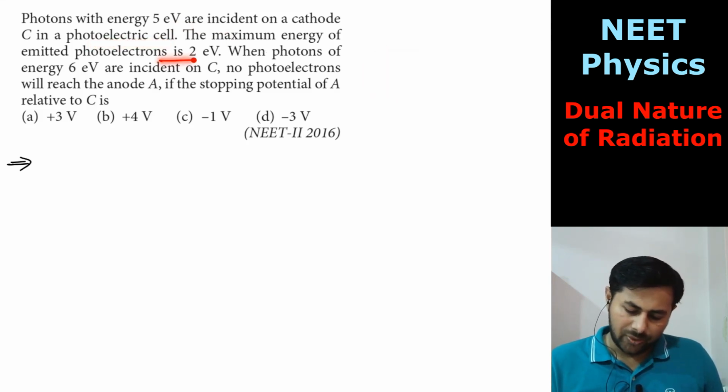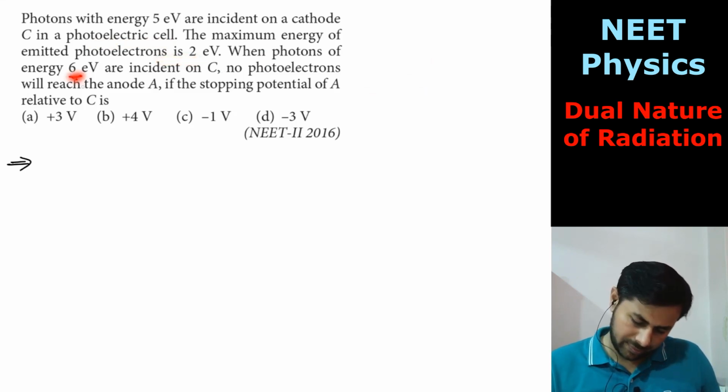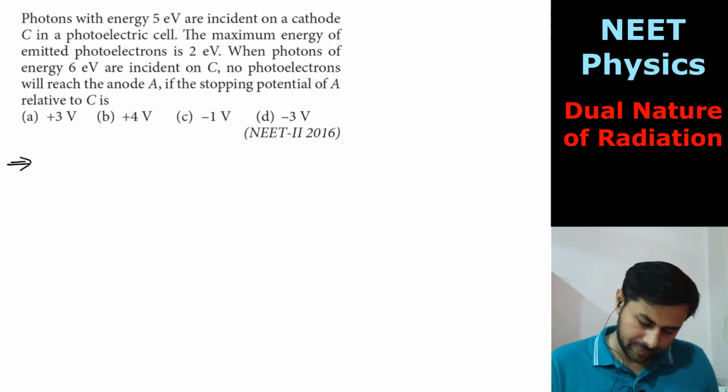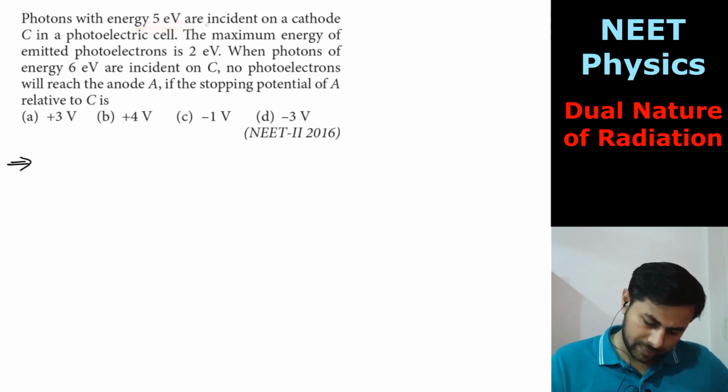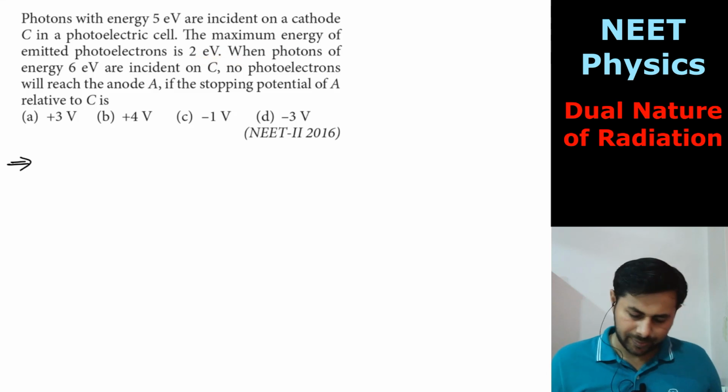Maximum energy of photoelectrons is 2 electron volt. What should be the stopping potential? This is the question.